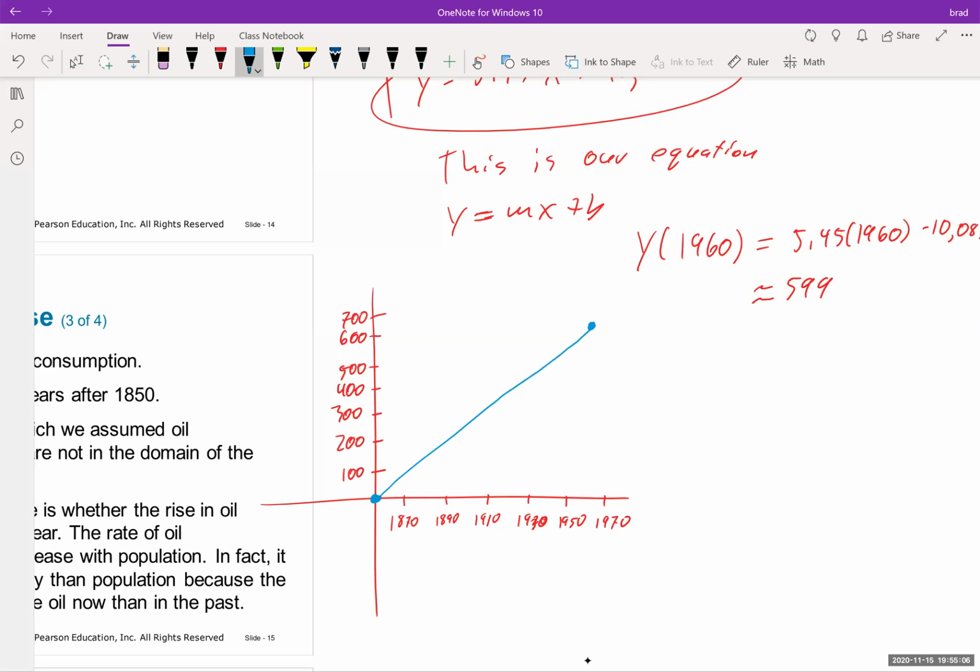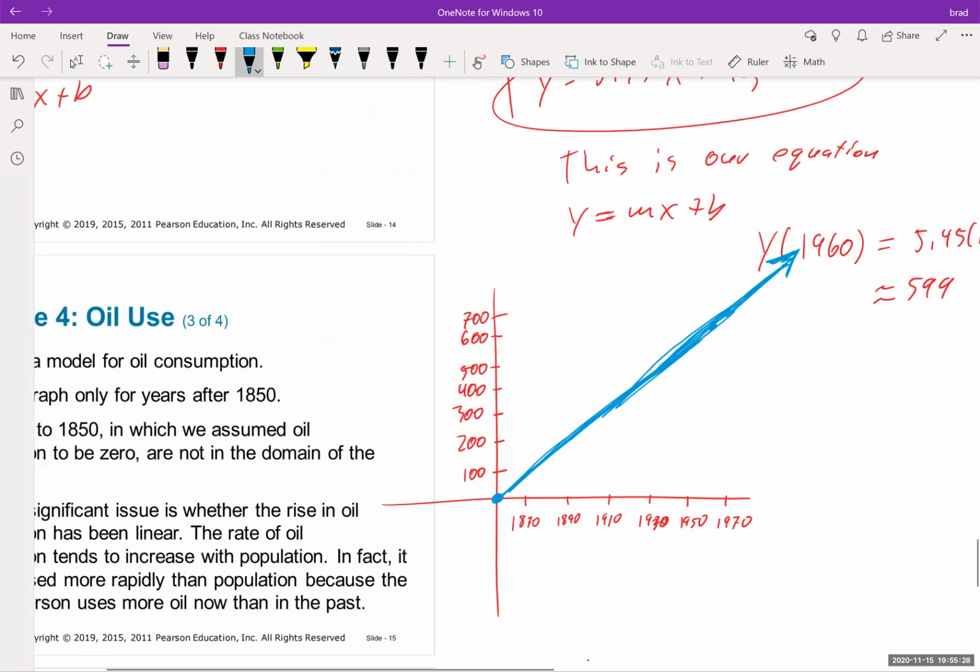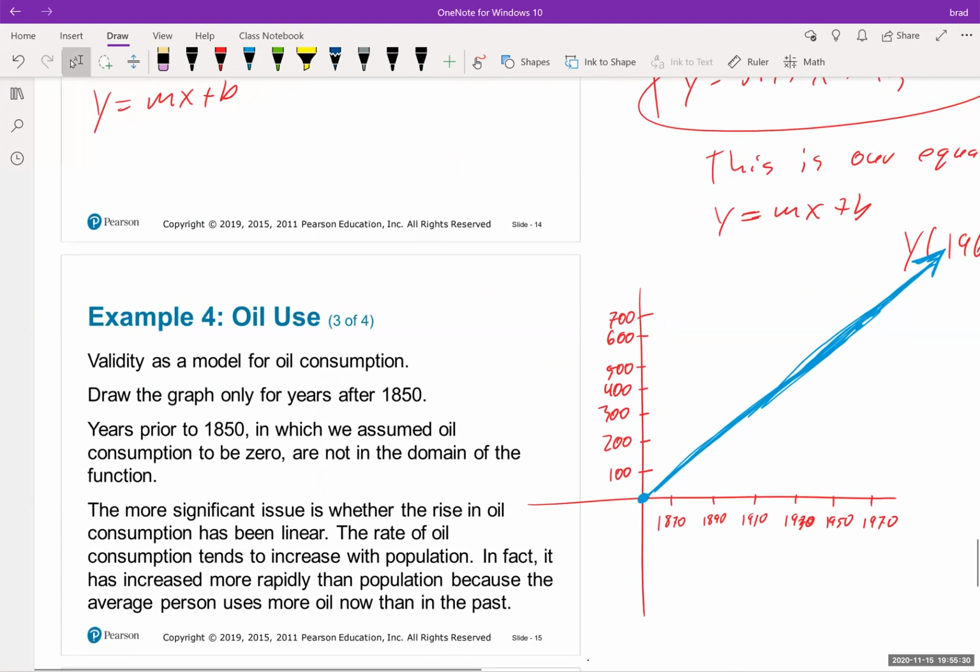So I'm just going to connect the dots. Okay. So this is what our line would look like. And I didn't go this way because there is no time before 1850. They said that's pretty much the beginning of our graph, I guess you could say, when the world wasn't really using enough oil to be calculated.